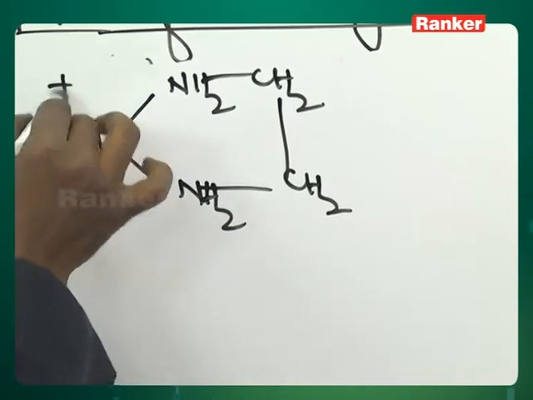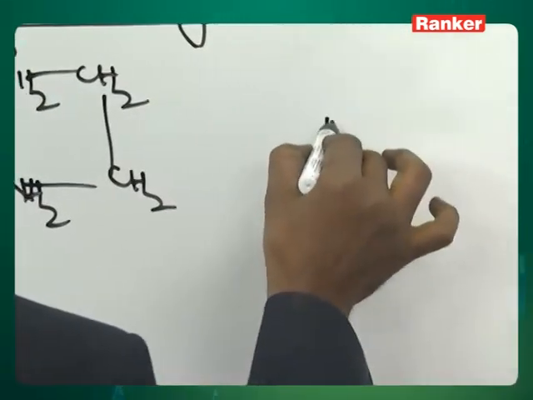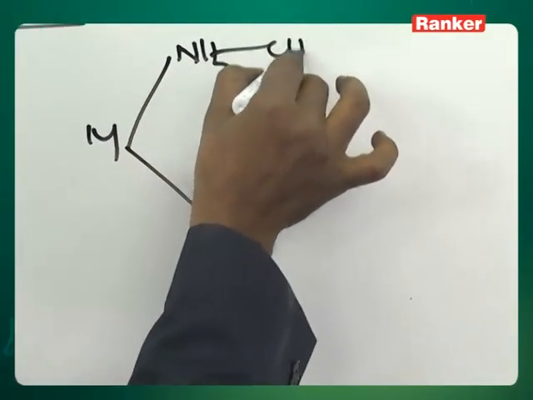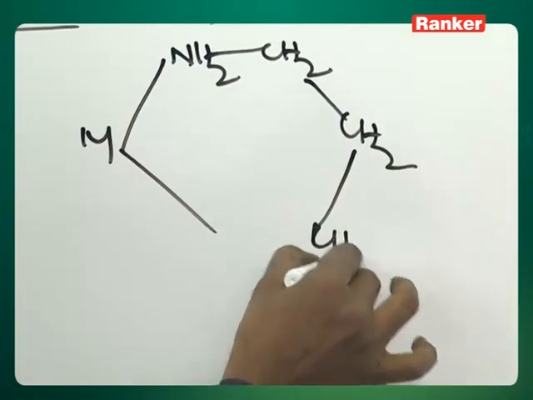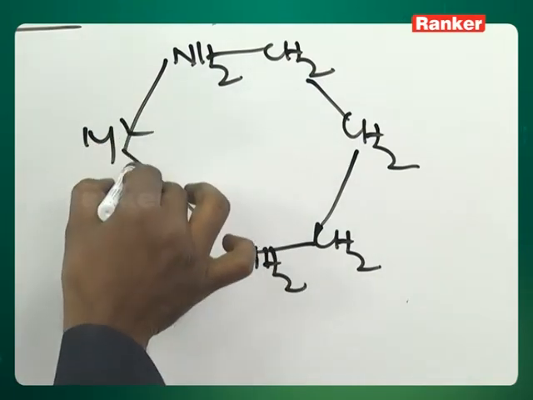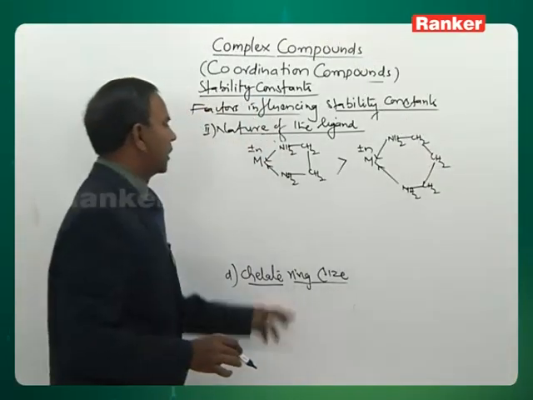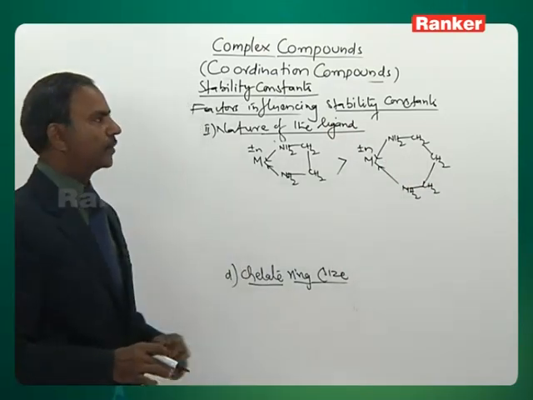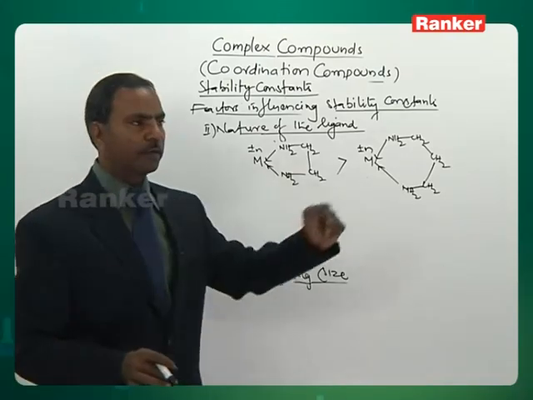Then the M(tn) complex I am writing, trimethylene diamine. M(en) complex is more stable than the M(tn) complex, and this is a 5-membered ring, that is a 6-membered ring. This is the order of stability.